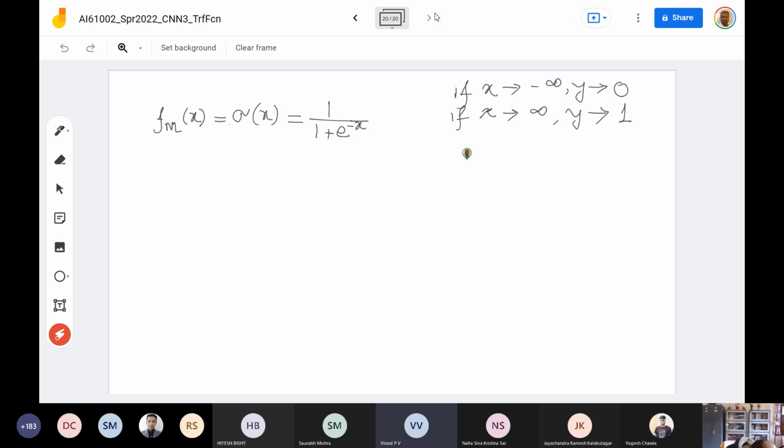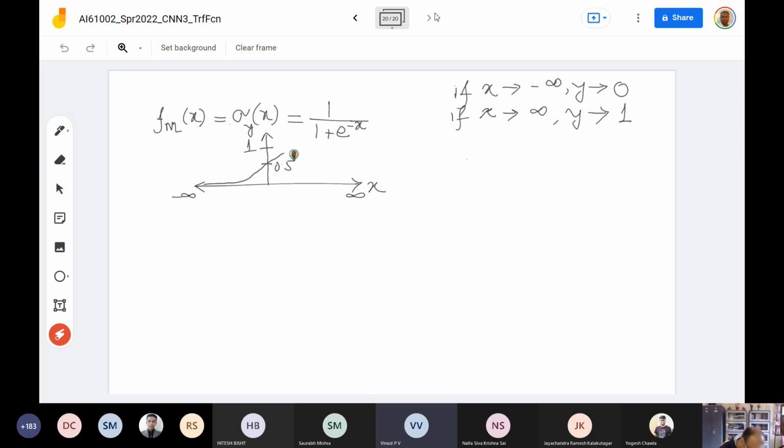Now look into something interesting over here. If I write down this input-output relationship, this is my x and this is my y. This is limited to 1. This is towards infinity. This is towards minus infinity. Then I have a system where this value comes like this and starts becoming like this. This is 0.5.